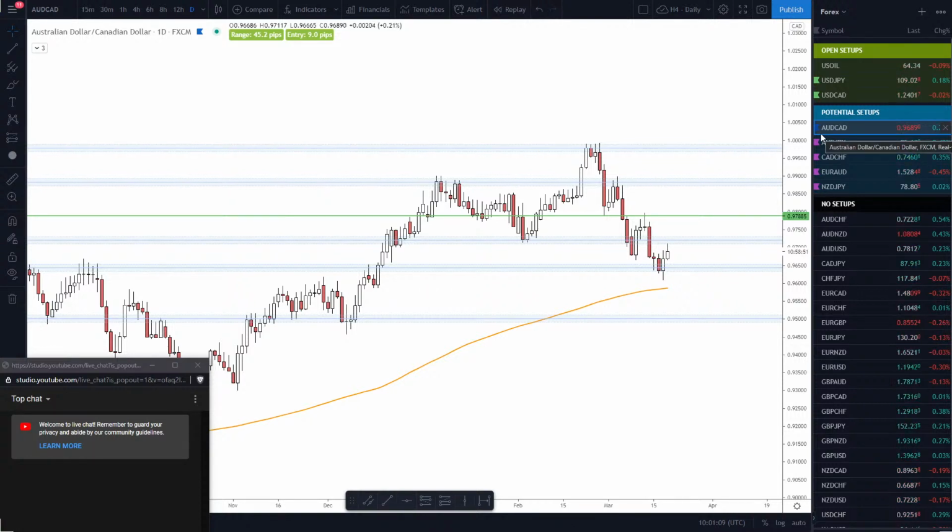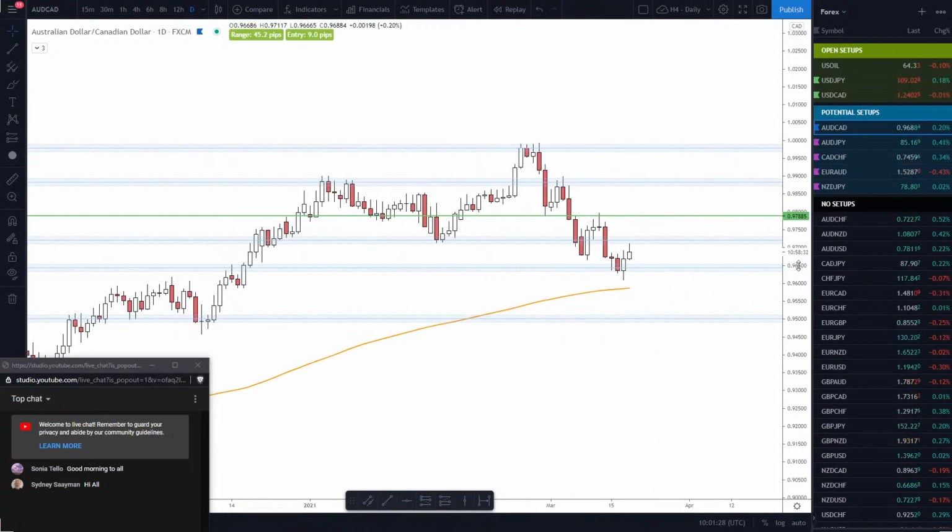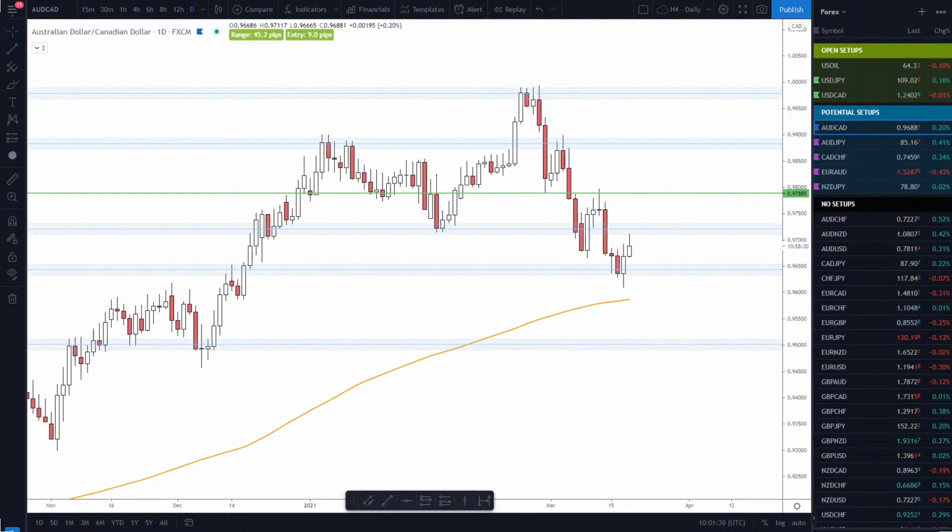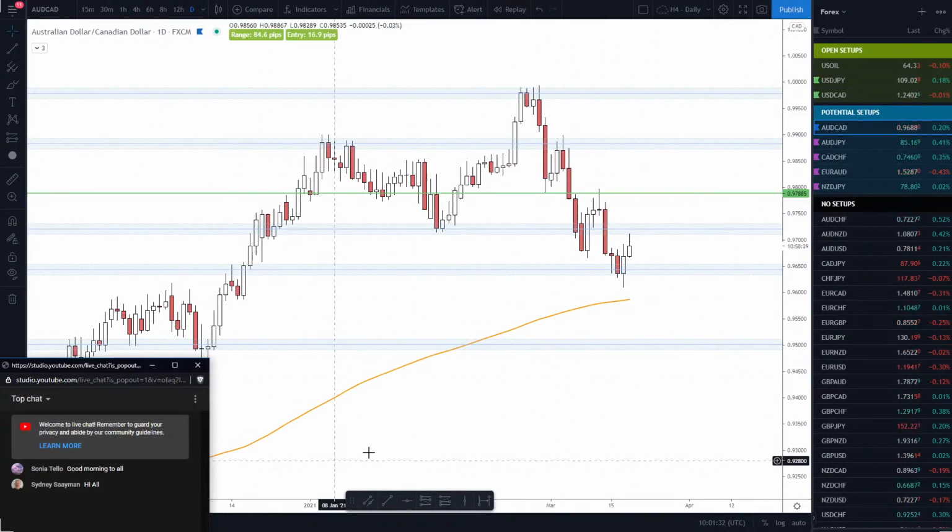There was a trade posted to the forum about AUDCAD, and I responded saying that in my eyes it's not a valid setup. So I just wanted to break down why I think that, because the person who posted it asked me to.